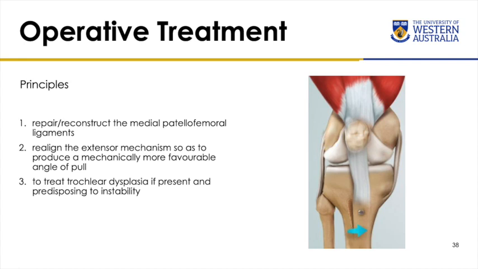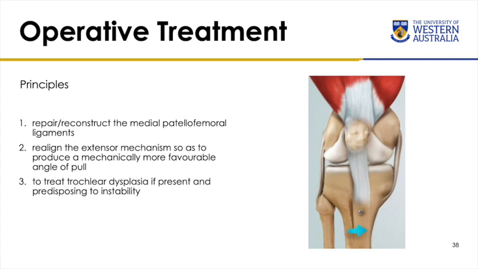There are many different operations described for recurrent patella dislocations. The general principles are, firstly, to repair or reconstruct the medial patellofemoral ligaments. Other options are to realign the extensor mechanism so as to produce a mechanically more favourable angle of pull. Here you see pictured a tibial tubercle transfer.